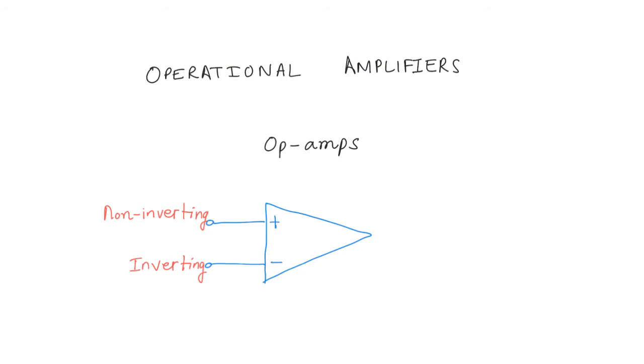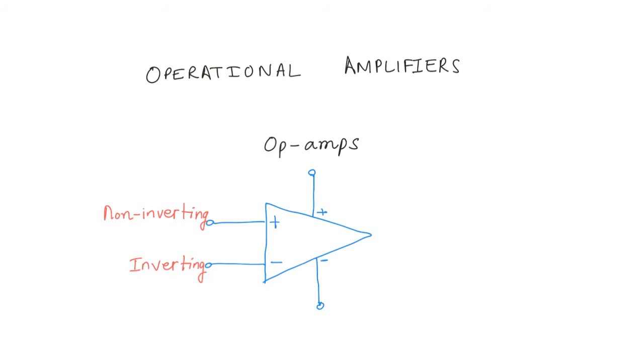and that is a very bad practice because there are two more pins in an op amp. One which is the positive power supply and another which is the negative power supply. And once you start calling these the positive input and the negative input, it's very easy to get confused with the positive power supply.